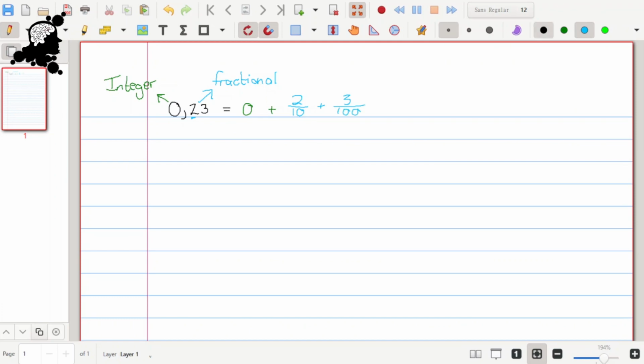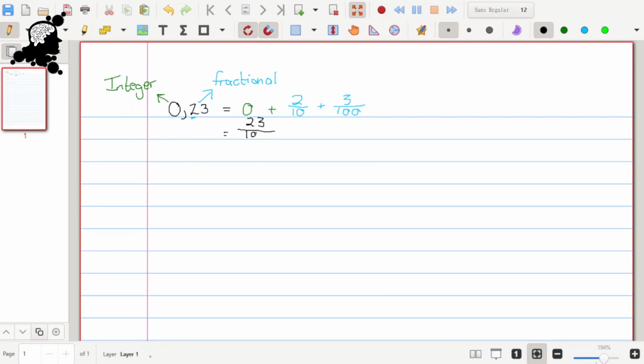You can go ahead and type this into your scientific calculator because you guys can't survive without a scientific calculator, right? I assume that by now you are familiar with how to use your scientific calculator. If you simplify this, you're going to get a fraction of 23 over 100.